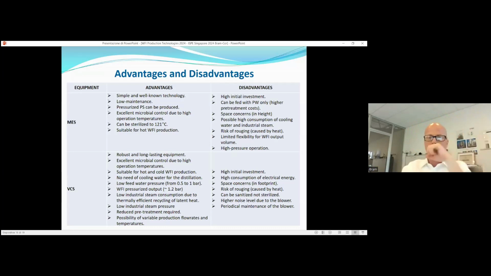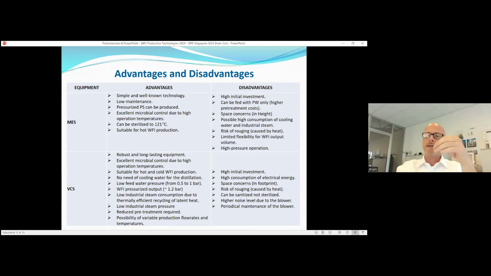So the system itself. For the long life and the performance of the machine, we recommend PW as per USP. In the standard machine, the consumption of cooling water and industrial steam is higher than in the other technologies.